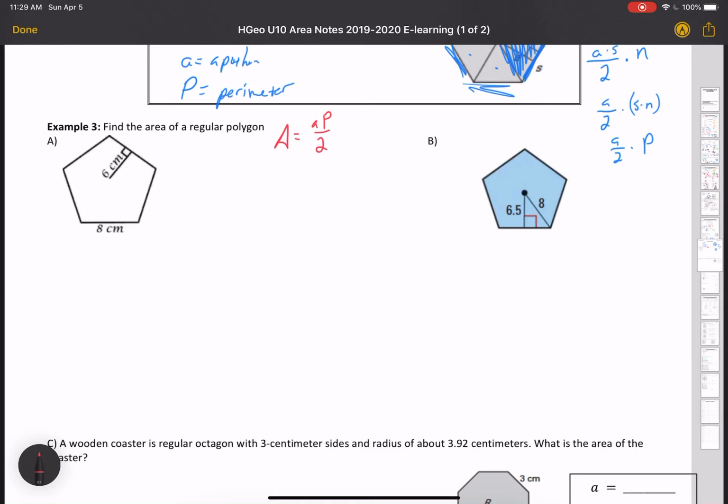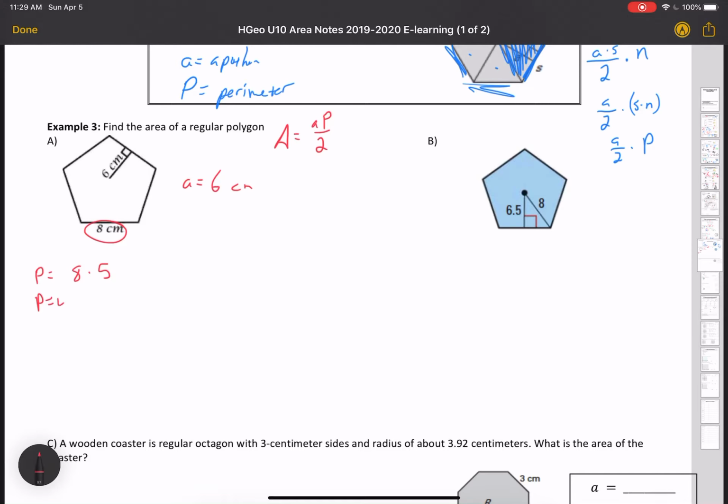So you'll notice in this pentagon, we see that the apothem is 6 centimeters. Apothem is that perpendicular from the center to the midpoint of a side. And we have that the side length is 8. So in order to find the perimeter, I'm going to take the side length and multiply it by the number of sides, which is 5.